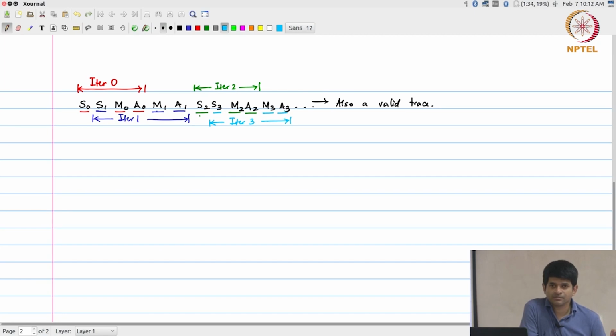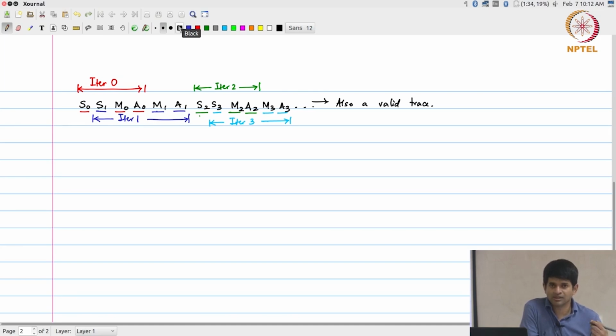So a couple of observations here. One is iterations can overlap. Before the 0th iteration has completed, the second iteration has started. Is it possible for the second iteration to complete before the 0th iteration? That does not really make sense, because by definition the first execution of M or A or whatever it is is considered as part of the 0th iteration.